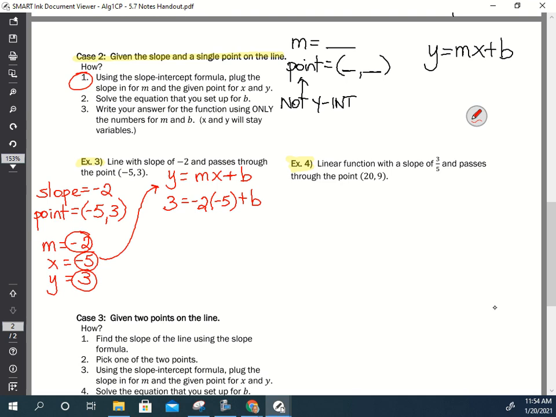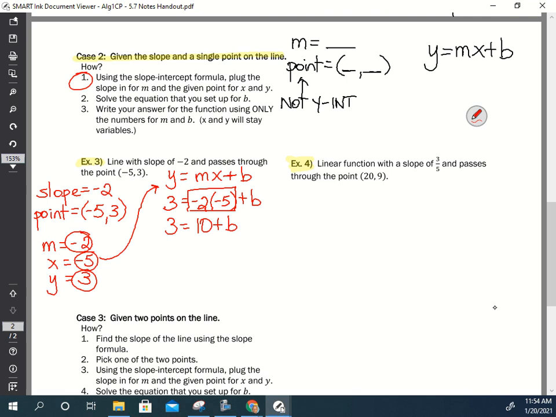All right, so now we're going to solve for b. The first thing we have to do is take those two numbers and multiply them. So what's negative 2 times negative 5? Positive 10. So 3 equals 10 plus b.